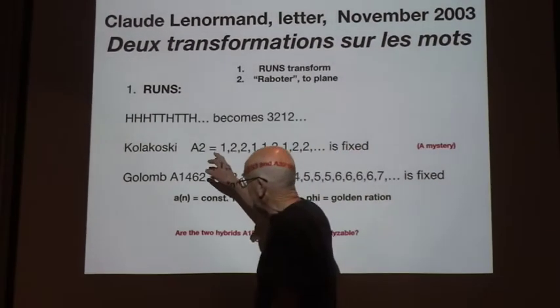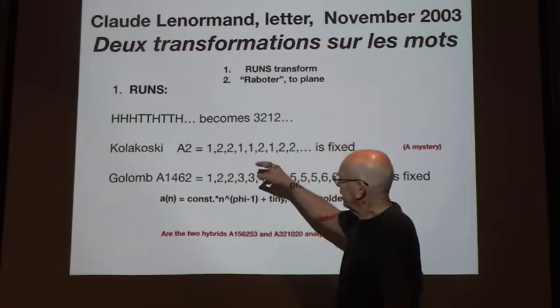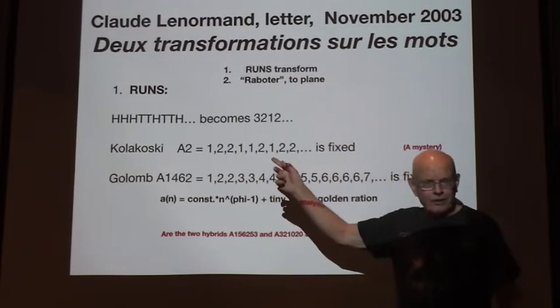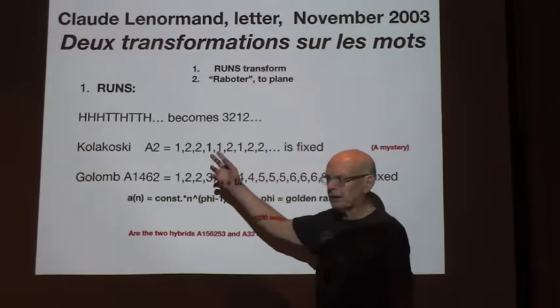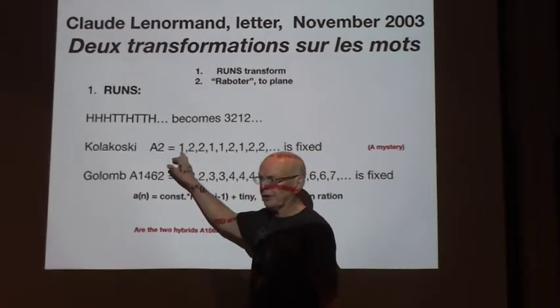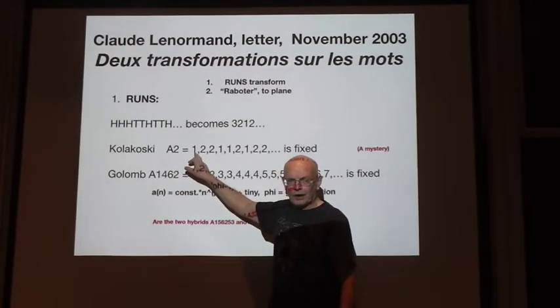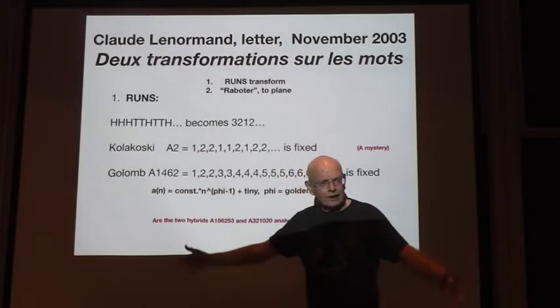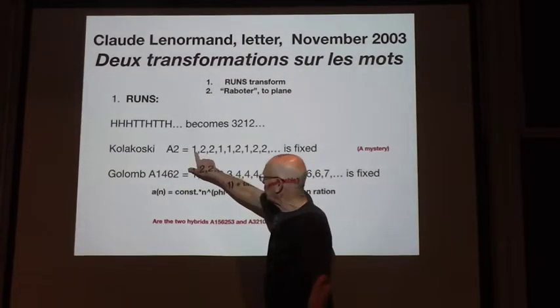And there's a famous sequence called Kolakowski's sequence, which has the property that it's its own runs transformation, and it's over the alphabet of 1 and 2. So you start off with 1. That means the first run has length 1. It's its own runs transformation. So that means we've got to begin with a run of length 1.